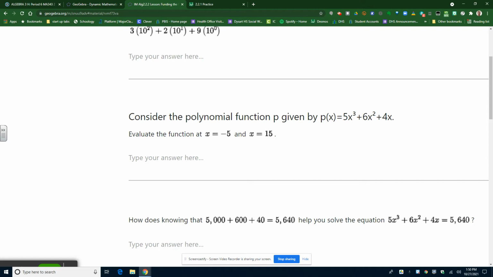Desmos, and turn it into not a graph, but a table. Okay, so put 5x cubed plus 6x squared plus 4x into Desmos, turn it into a table, and evaluate it at those two places. And we'll talk about it in about a minute.